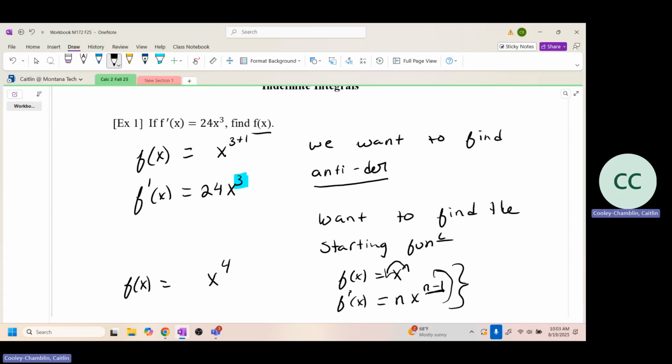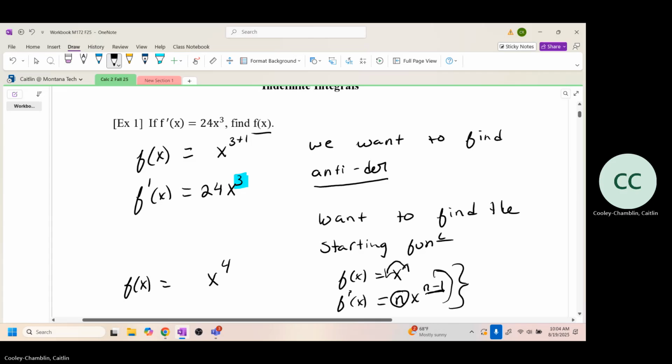Well, if I'm undoing that, think about it: if we undo subtraction, we do it with addition. And in this case, we're undoing a multiplication. And so we want to divide. Here we would multiply by our n to go from our original function to our derivative.